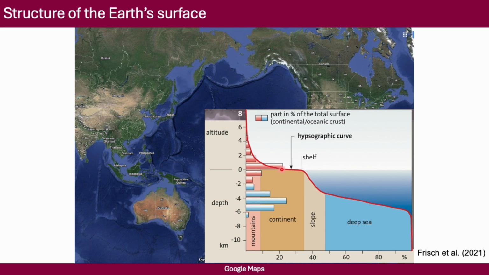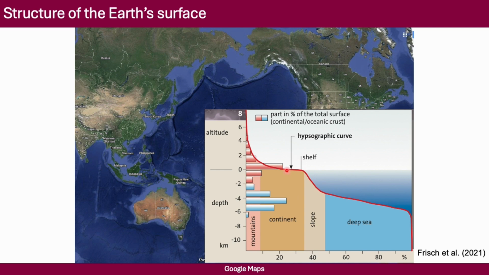One peak is about 0 to 1 kilometer above sea level, which represents the typical elevation of the continents. The other is about 4 to 5 kilometers below sea level, representing the typical depth of the ocean. So, in other words, Earth's surface has two dominant levels: relatively high continents and deep ocean basins.